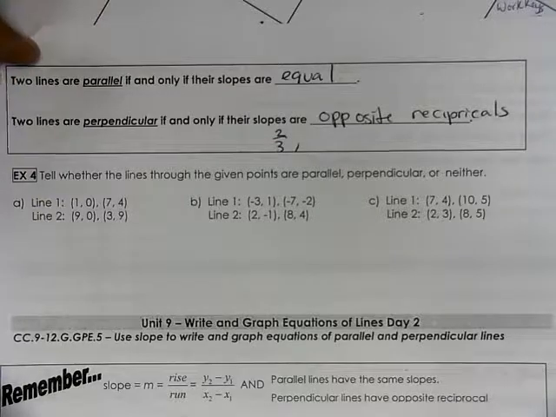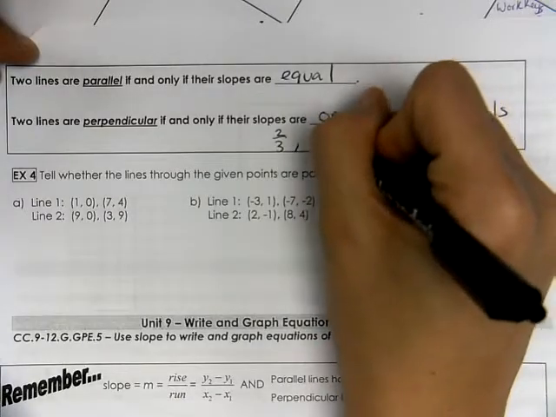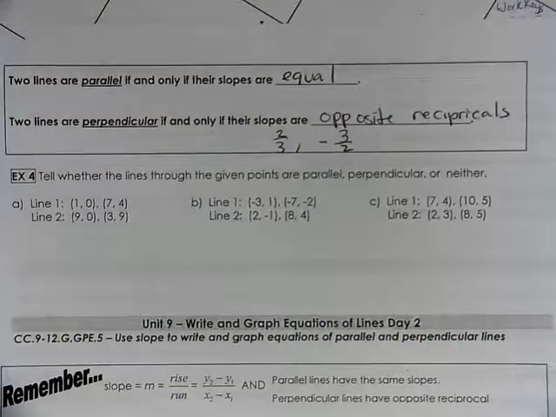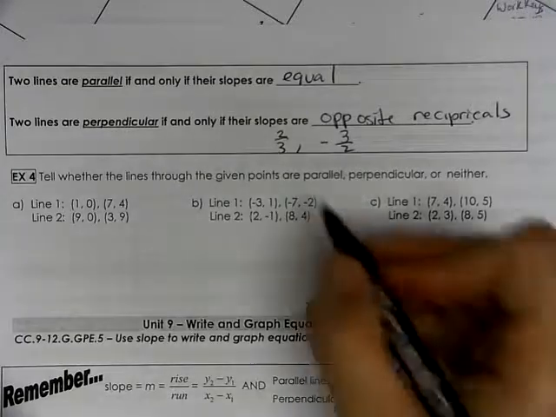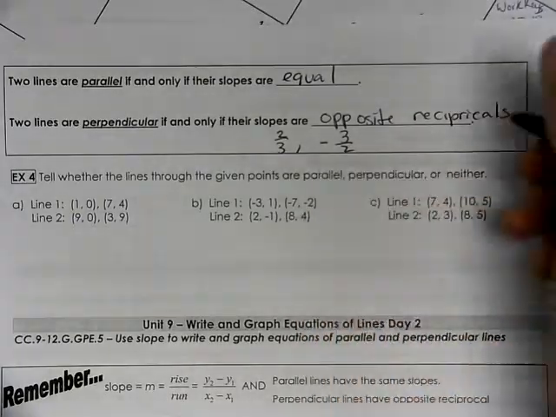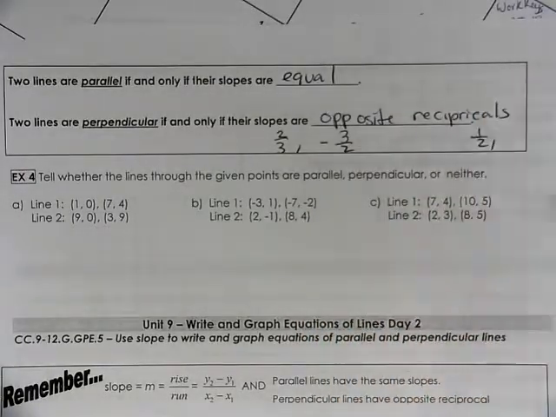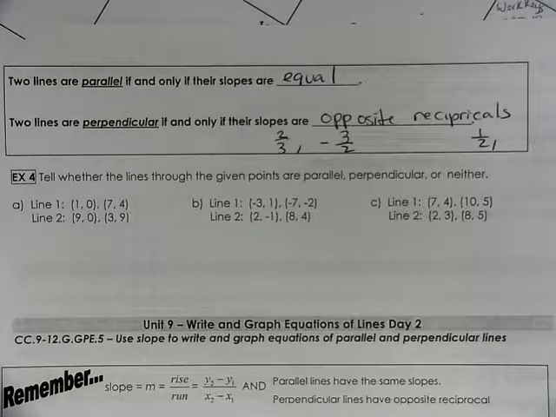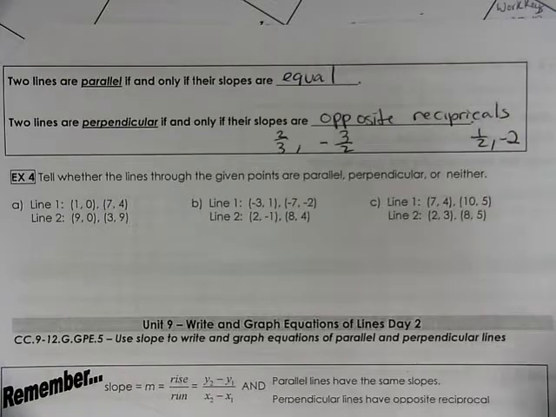What's the opposite reciprocal of 2/3? -3/2. If the original slope was 1/2, the perpendicular slope would be what? You could just write -2 or -2/1.